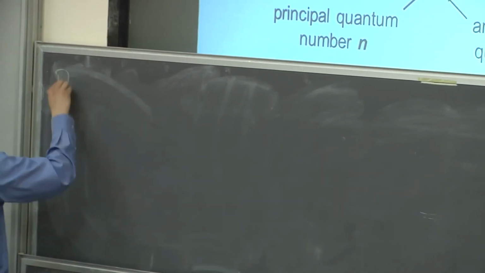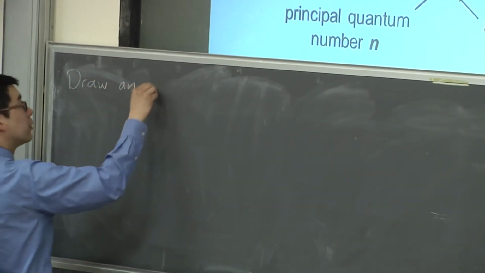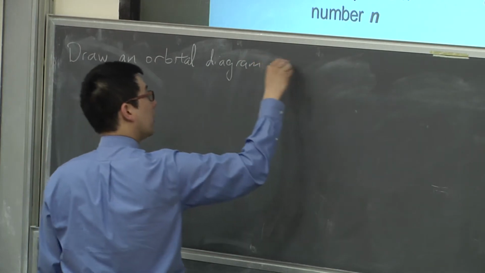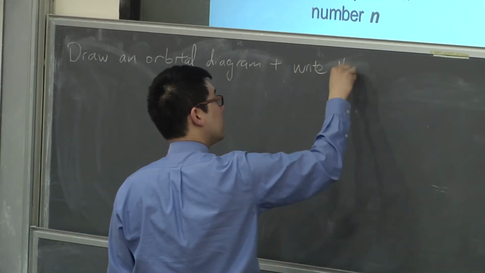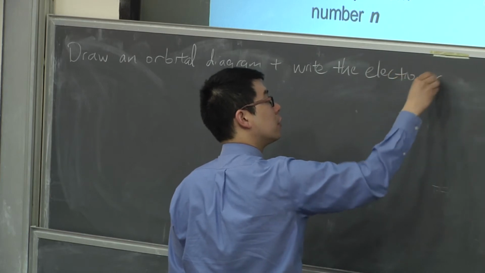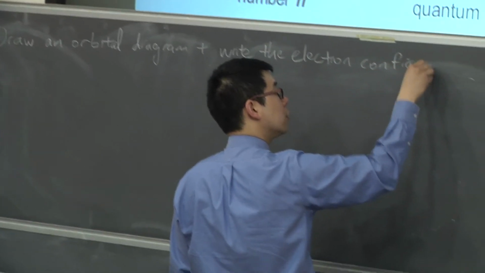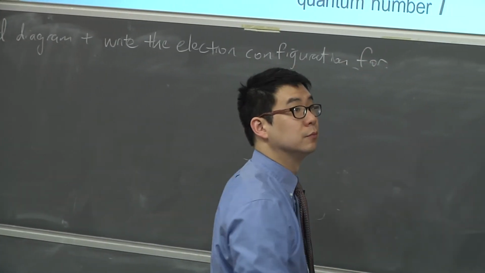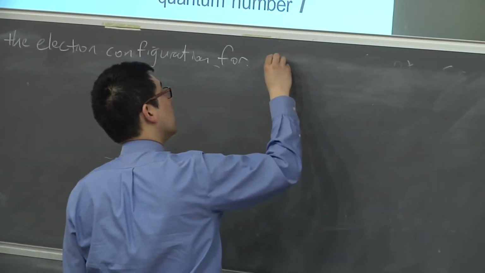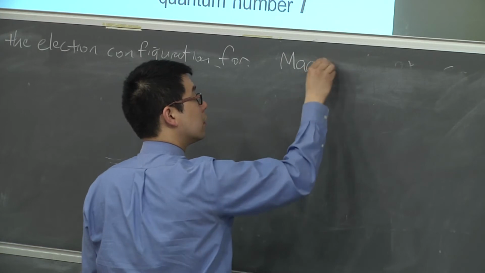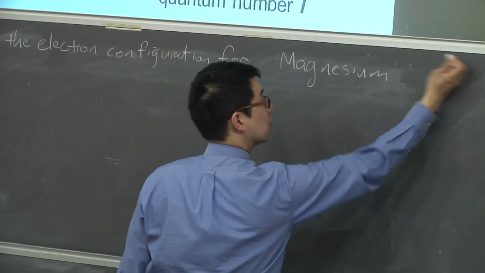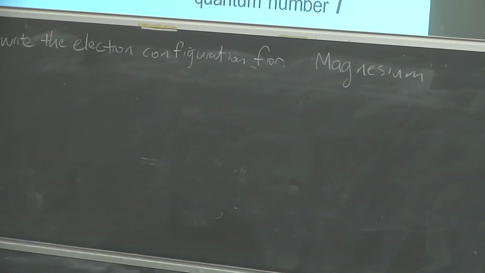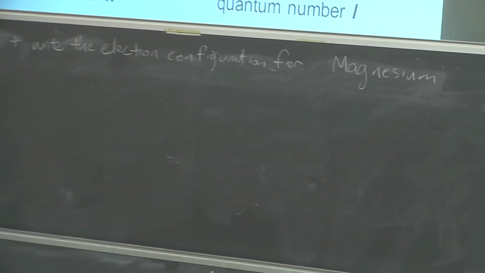Draw an orbital diagram and write the electron configuration for magnesium. Let's do this one together, right?